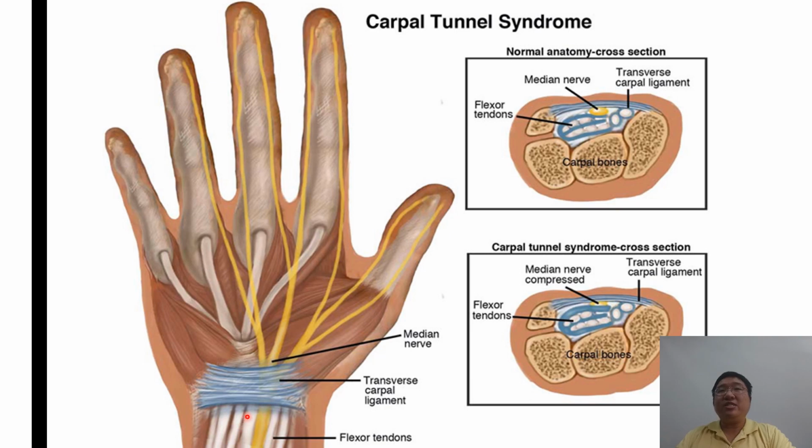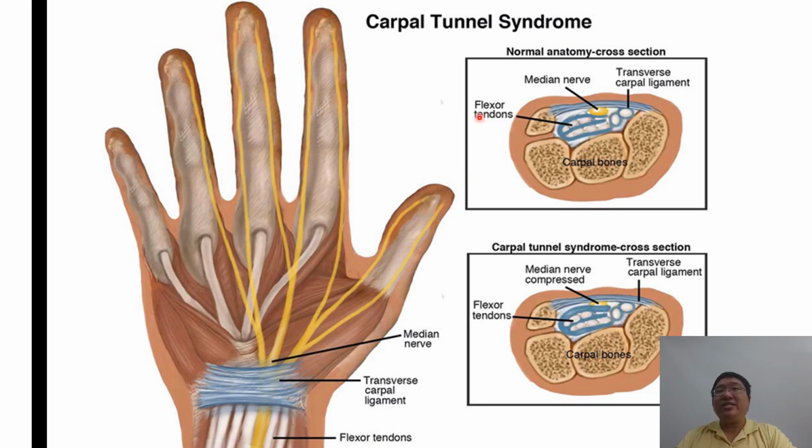This is the distribution of sensory nerve supply to the hand. The median nerve supplies the sensation at the palmar side of the hand, on the first, second, third, and half of the fourth fingers.